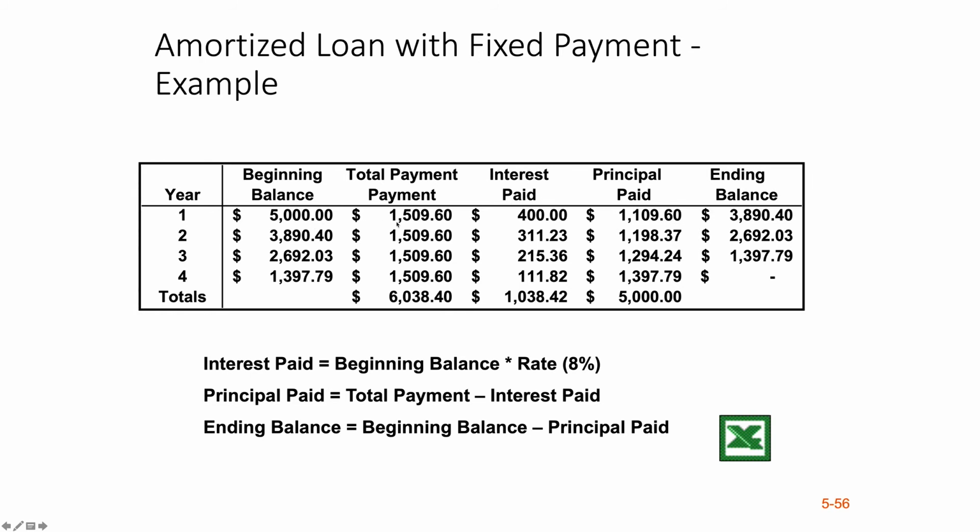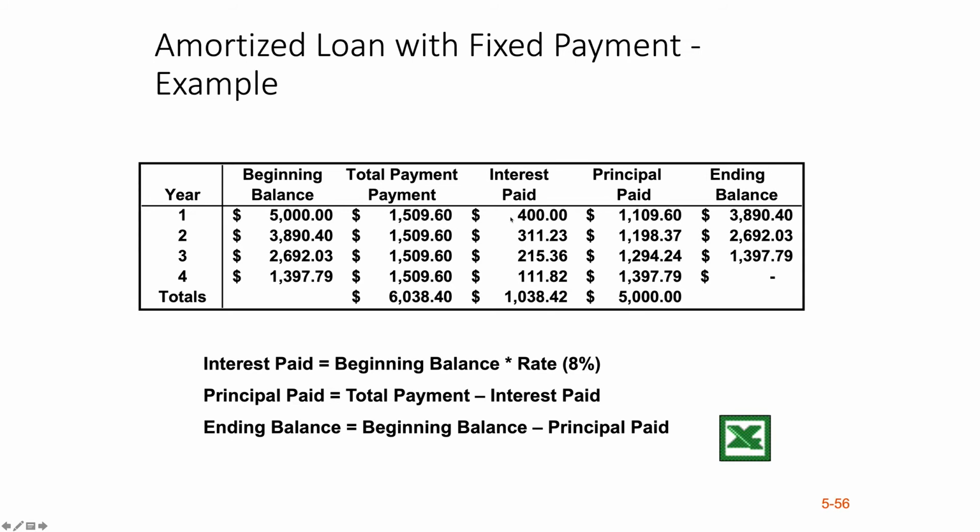That's constant, right? What is the interest payment? We say 8%. 8% times the beginning balance, 5,000 times 8%, equals 400. That's interest paid. So the 1509.6 payment minus 400, that is the principal paid.